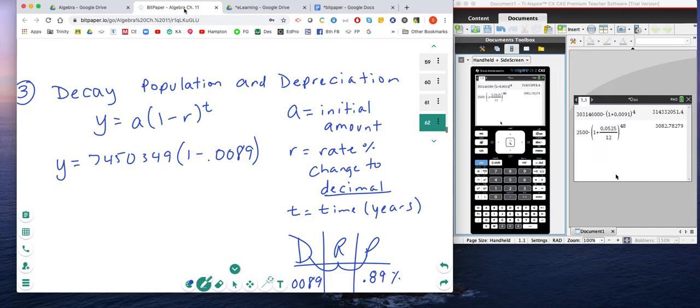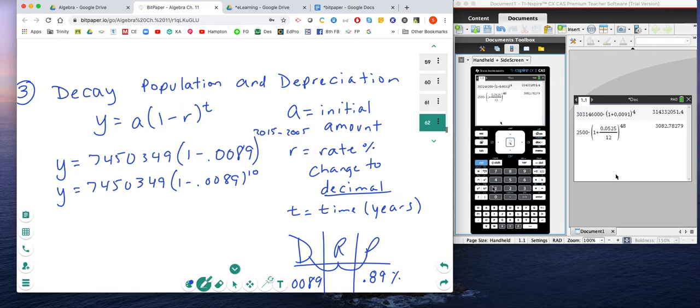And then we have 2015 minus 2005. So y is equal to 7,450,349, 1 minus 0.0089, and that is going to be raised to the power of 10.